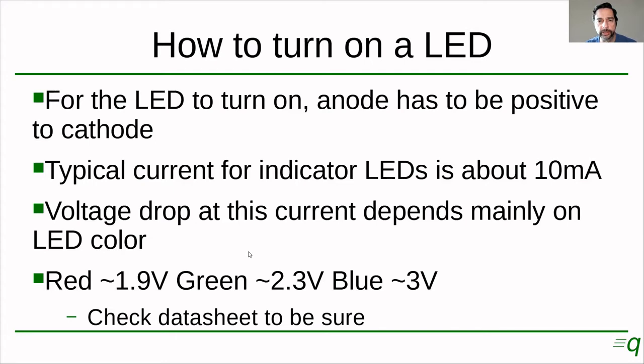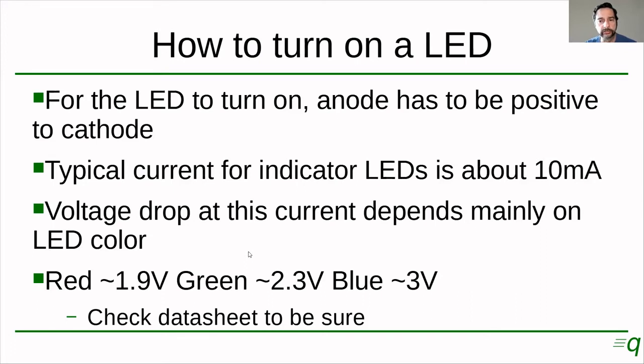The voltage drop at this current depends mainly on the LED color. And this may be surprising for you, but yes, it's because of the physical structure. It requires different voltage to turn on. Different LEDs are made from different materials internally, different colors, I mean. So a red LED will have a voltage drop of approximately 1.9 volts, a green LED about 2.3, and a blue about 3 volts.